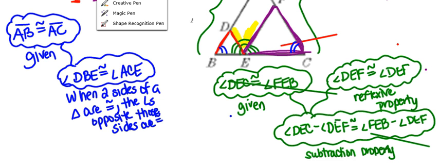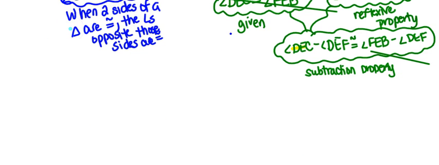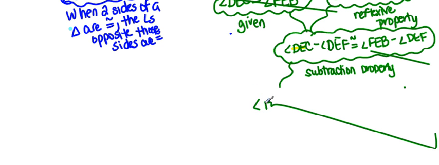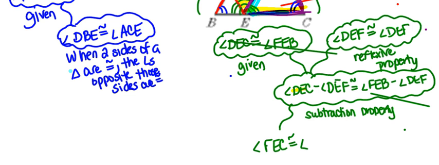Taking a look at my picture now, if I go ahead and start with angle DEC, and I subtract out this yellow piece in here, what I'm left with is this little blue guy in here, angle FEC. And likewise, if I do the subtraction on the right-hand side, angle FEB minus angle DEF, that's going to give me angle DEB.